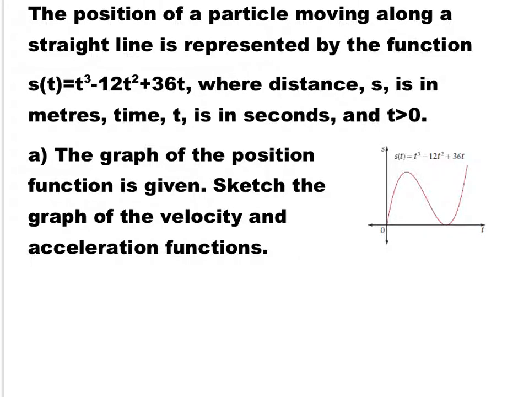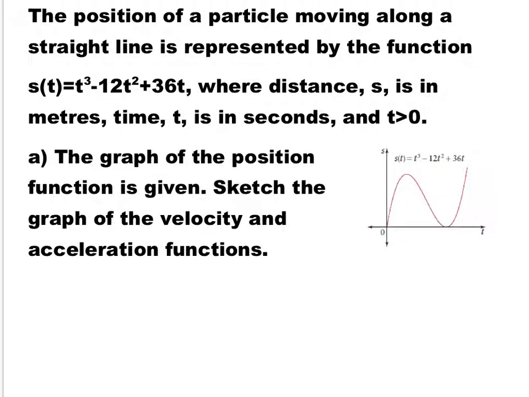In the next example, we have the graph of the position of a particle moving along a straight line, given by the graph here. We are supposed to sketch the graph of the velocity and acceleration functions.